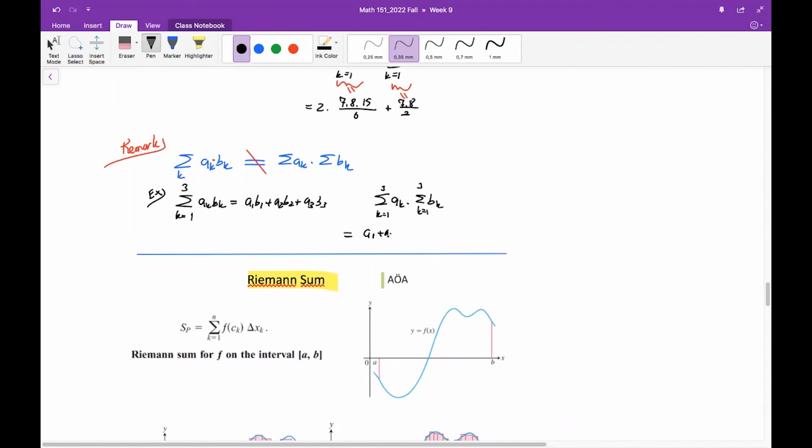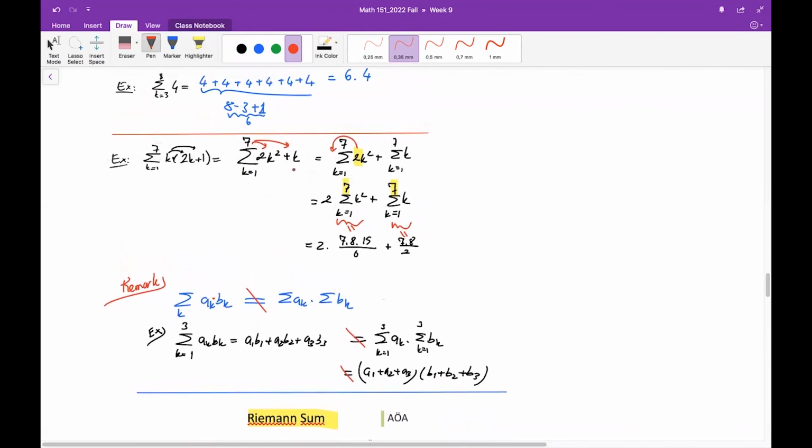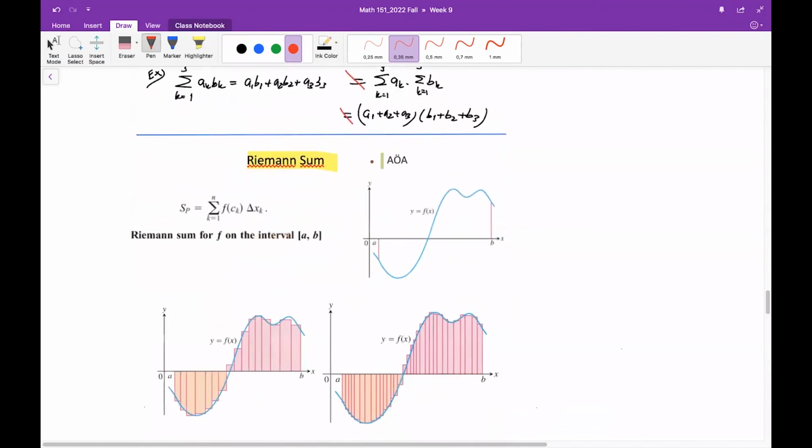This is a1, a2, a3 summed, times b1, b2, b3 summed, and obviously the left-hand side is totally different from this expression on the right-hand side. Okay, this is an important remark, saying that sigma notation cannot be distributed over products. It cannot respect products, but it can be distributed over sums and subtractions.